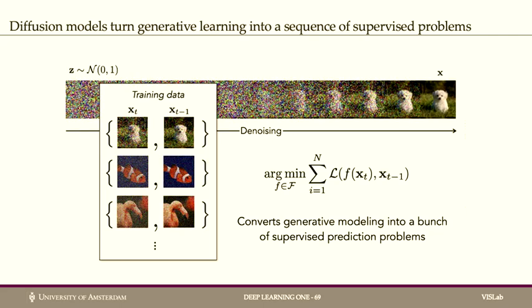Because you have your image and you apply noise, so you know exactly how it looked beforehand. So you're simply trying to turn this whole denoising procedure into different steps from t to t minus 1, and you can use that as a supervised learning method. That's the broad idea here, and diffusion models will be tackled in more detail in Deep Learning 2, actually.